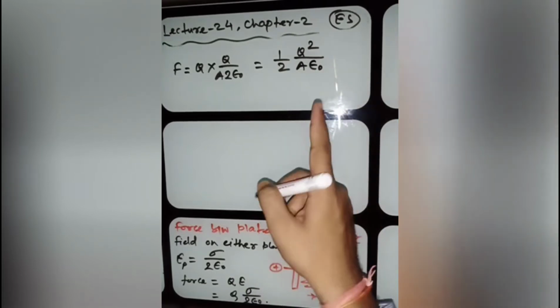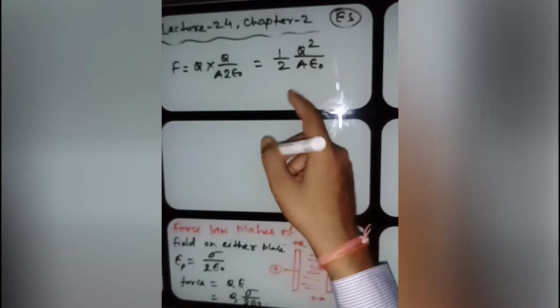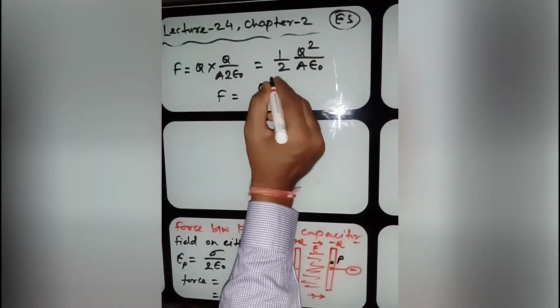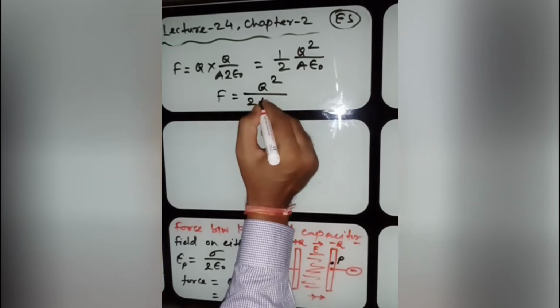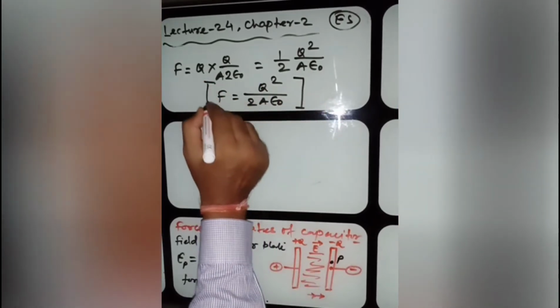If I'm not wrong, this would be the equation. Yes, and this is the force between the plates of a capacitor, which is very, very important: Q square by 2 A epsilon naught.